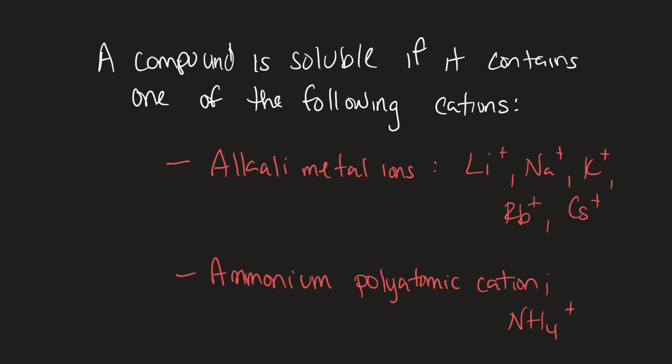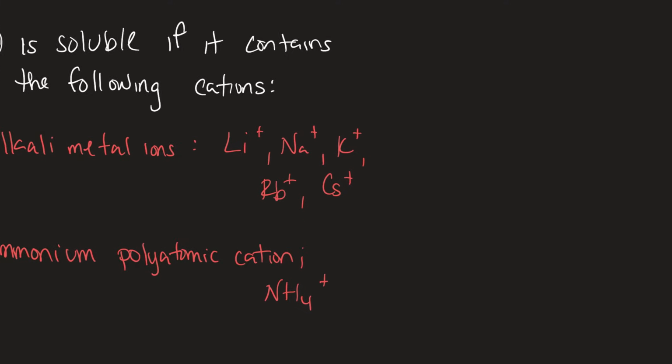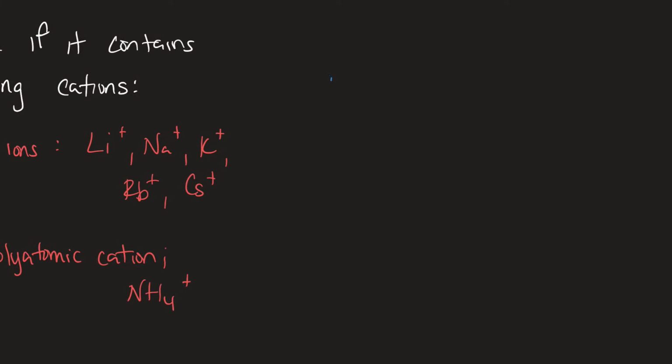If the compound consists of ammonium, the polyatomic cation ammonium, it's going to be soluble. Let's go through some examples so that we can see exactly what we're talking about. For example, NaCl will dissolve in water. If you have a chemical reaction and the product is NaCl, it's going to be aqueous. It's going to be soluble.